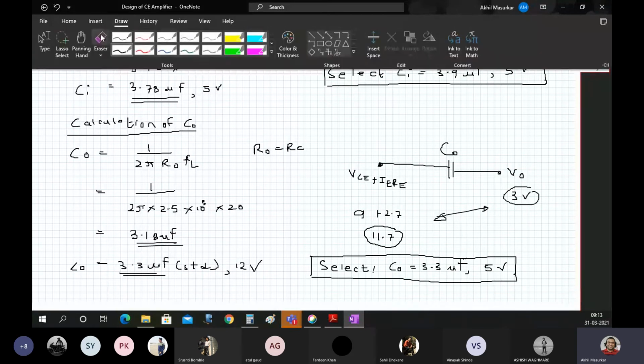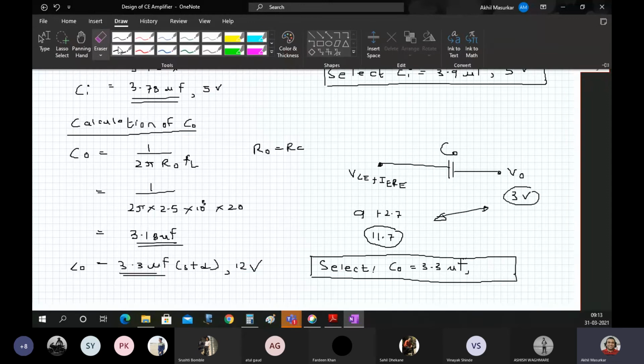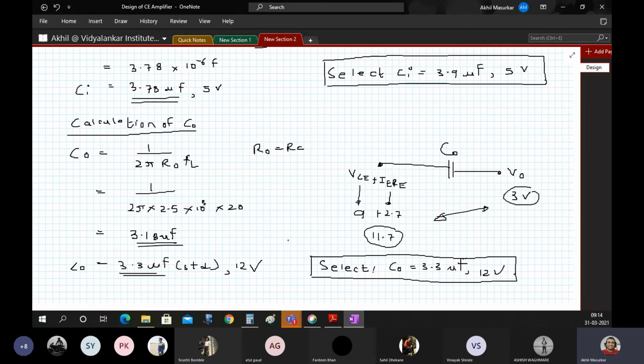This is going to be 12. This VC is 9. So 11.7 minus 3 would be something more than 8 volts.